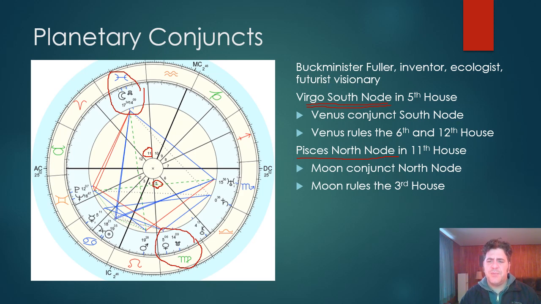So he went from the 5th house to the 11th house. The 11th house has to do with the community at large versus just his own children. 5th house rules children, whereas 11th house rules friends.